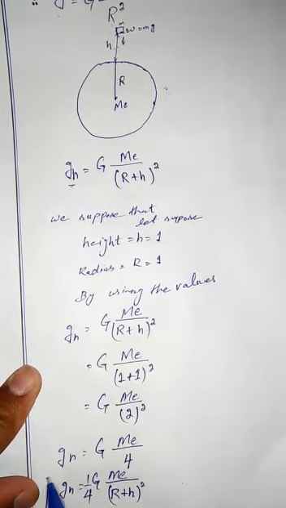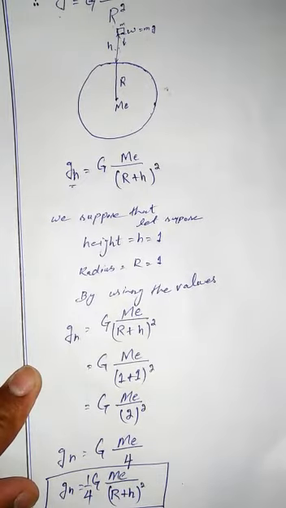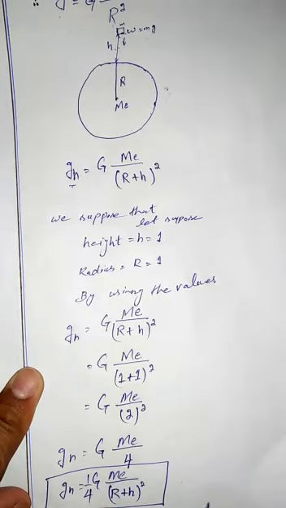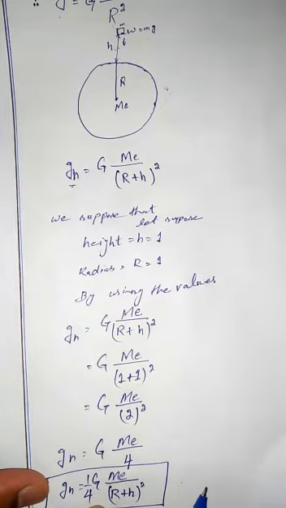So if the height is equal to one earth radius, the value of g is 1/4 of its value on the earth.